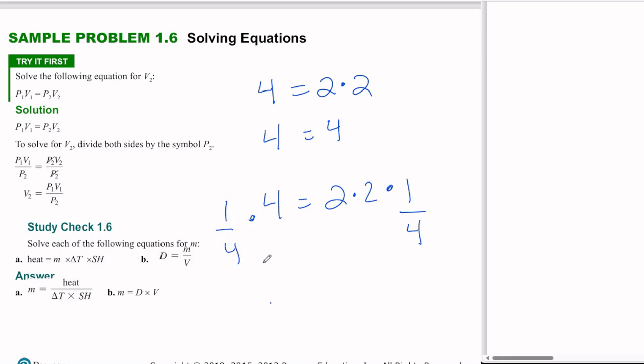What would we end up with? Well, we would have 4 divided by 4 on the left, which would give us 1, and 2 times 2, which is 4, divided by 4 on the right, which would give us 1. Our sides are still equivalent, and as long as that's true, it's okay. And that's why we multiply both sides by the same thing, or we divide both sides by the same thing, if we want to change and manipulate our numbers in order to isolate a variable.